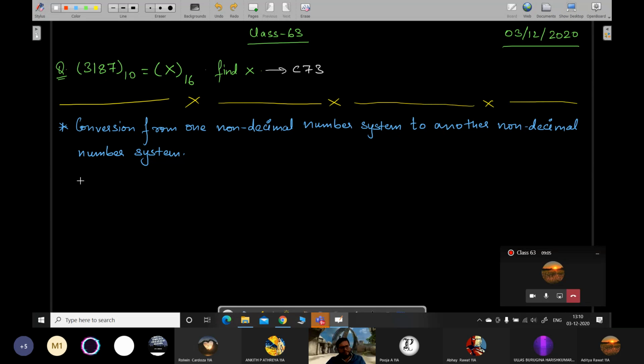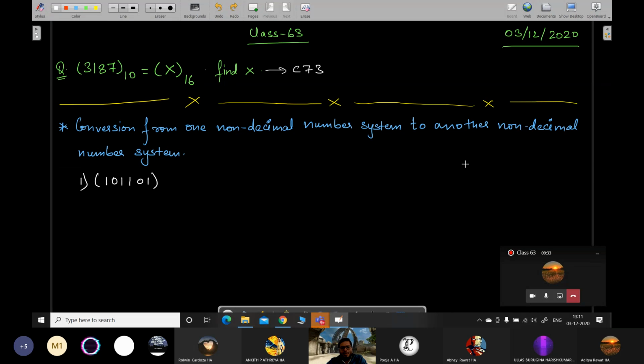First one. 101. Okay, this is a binary. अच्छा, बाइनरी से तो डेसिमल, I think you can do very quick, right?